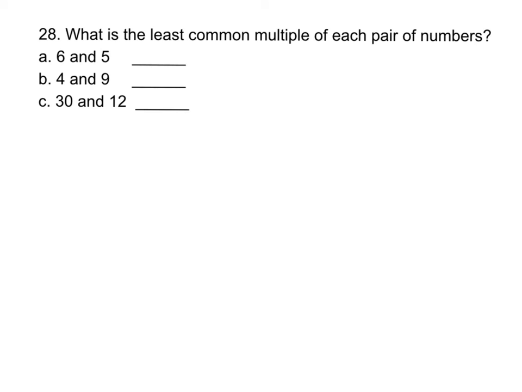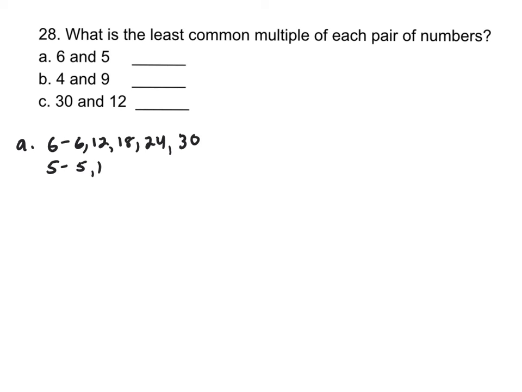Question 28. What is the least common multiple for each pair of numbers? Least common multiple. So we do this just as we did the other problems. Let's do A here. 6 and 5. List out the multiples. 6 times 1 is 6. 6 times 2 is 12. 6 times 3 is 18. 6 times 4 is 24. 6 times 5 is 30.